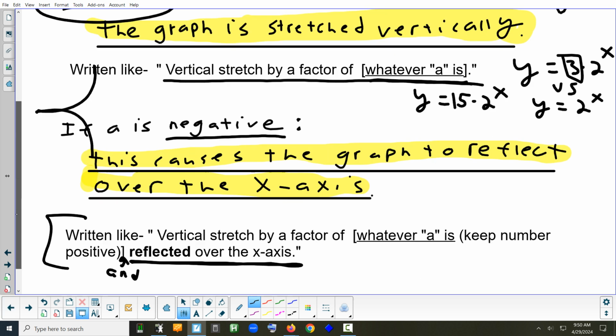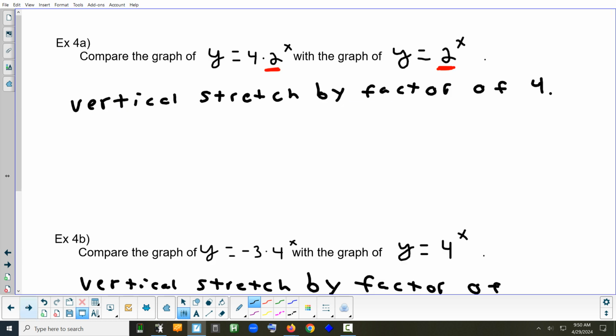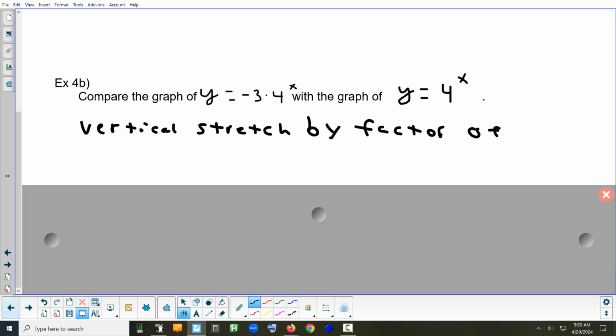And when we write that down, what did we say about the number that comes next? The number always has to be what? Positive. Yeah. Don't worry about it being negative. We're going to take care of the fact it's negative when we write this sentence right here. Okay, so vertical stretch by factor of what number? 3. Perfect. So vertical stretch by factor of 3.